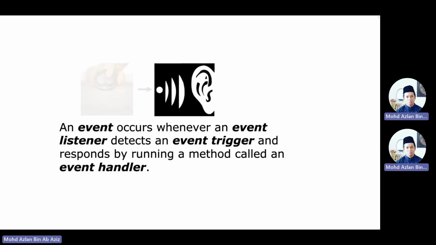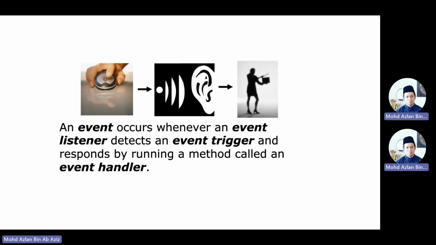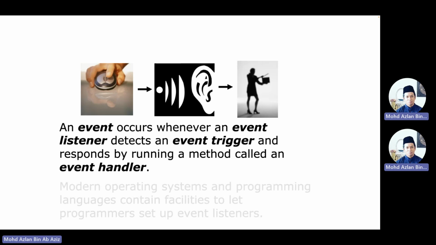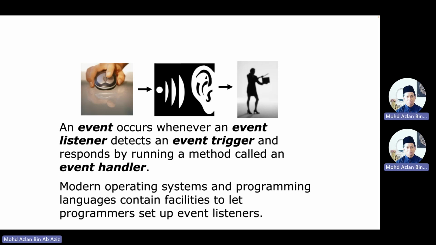An event occurs whenever an event listener detects an event trigger and responds by running a method called an event handler. Modern operating systems and programming languages contain facilities to let programmers set up event listeners. I think you have seen this in your OOP classes and also in your web design, where you program JavaScript to detect any event by the user.